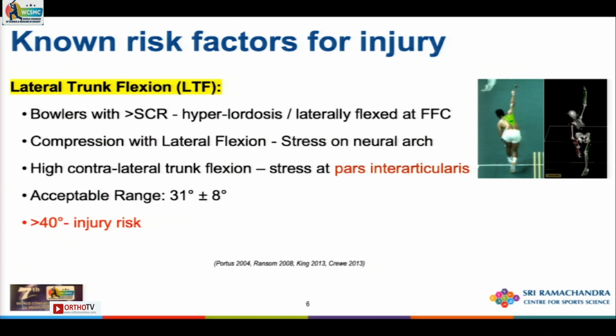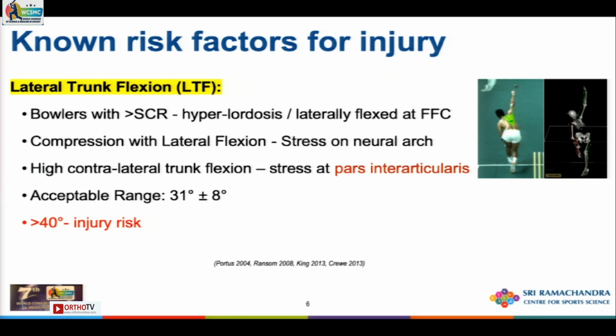The lateral trunk flexion, as we know, is one of the more researched biomechanical variables. Bowlers with increased shoulder counter rotation demonstrate hyperlordosis as well as a laterally flexed posture at front foot contact. Compression at the lateral flexion puts a lot of stress on the neural arch, and high contralateral trunk flexion can lead to stress at the pars interarticularis.